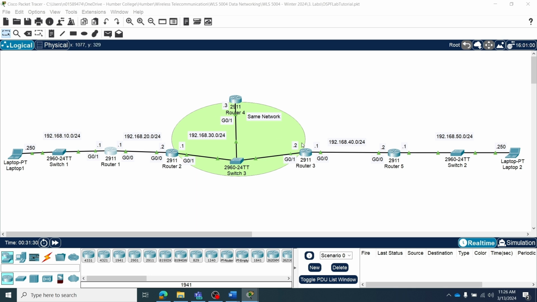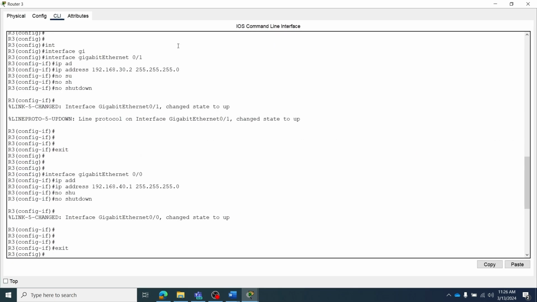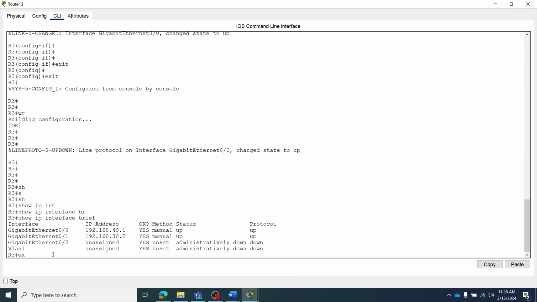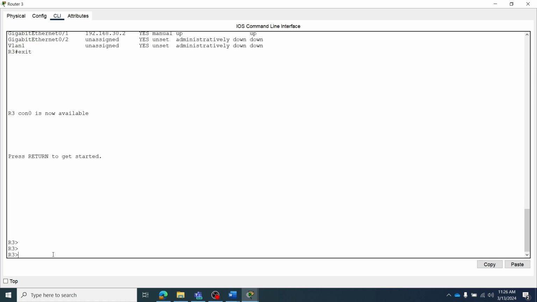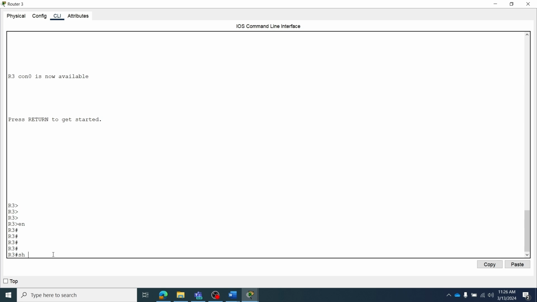Let's see what router 3 has in its routing table. On router 3, show IP route.